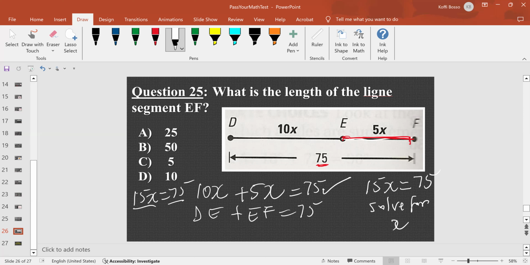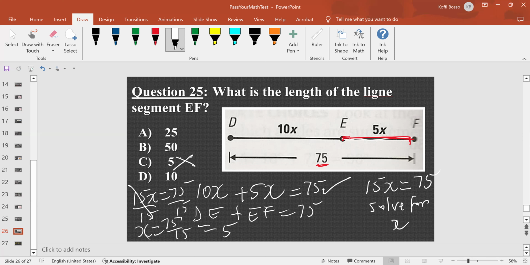So we divide both sides by 15. This is telling you that x is 75 divided by 15. And if you do that calculation, you get 5. So x is 5. This doesn't mean that your answer is 5. No. They use a 5 just to confuse you.